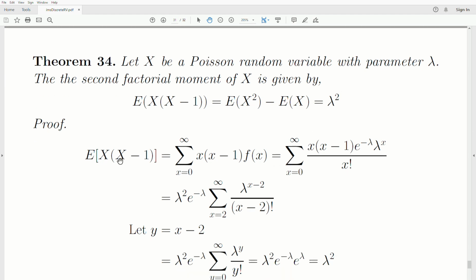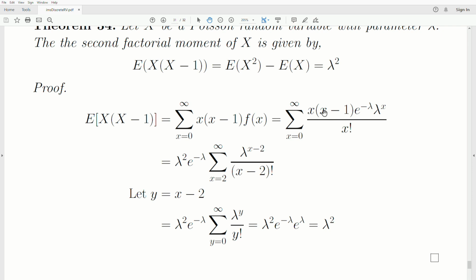And the proof is this: for the expected value of the second factorial moment, take x times x minus 1 times the density, and we get this. Now notice that when x is 0 or x is 1, the terms are 0, so we might as well start at 2. And then the x and x minus 1 cancel with some of these x factorials.